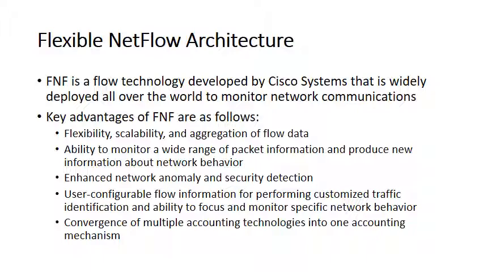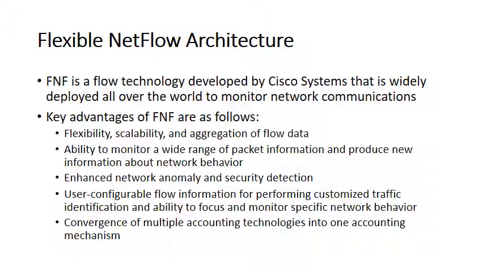Enhanced network anomaly and security detection: it's also good for detecting anomalies and security threats. Then the user can configure based on particular traffic identification. He can configure how much bandwidth, how much capacity, and how many resources he requires.